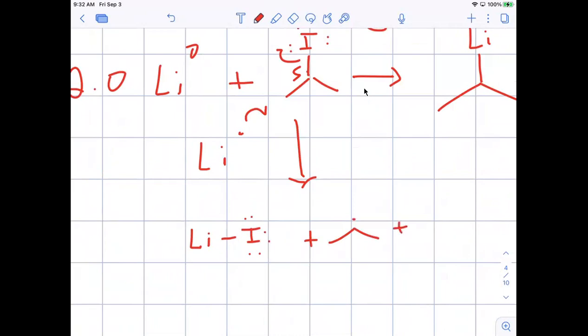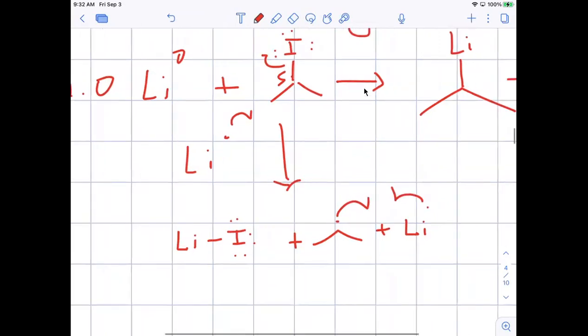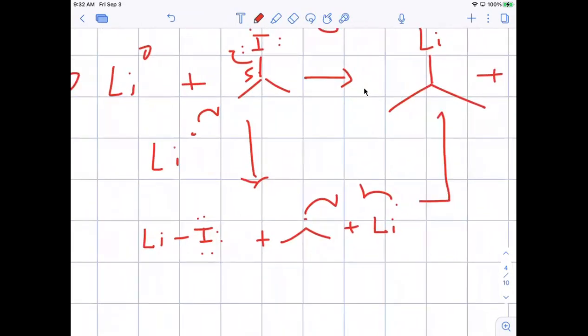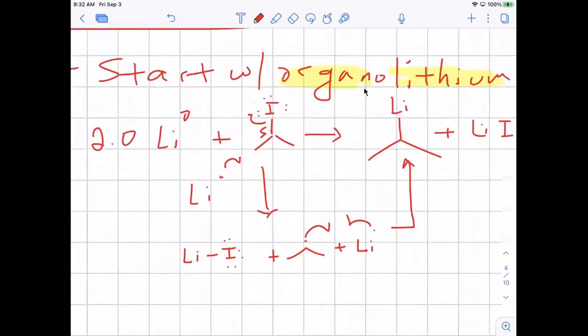And then I'll react that with another lithium, the second lithium, which has 1 electron to give away, right? So that's where my lithium-carbon bond is going to come from. So I'm going to put those two together, and that gives me this, plus lithium iodide.